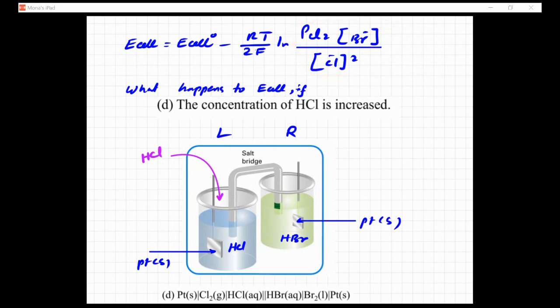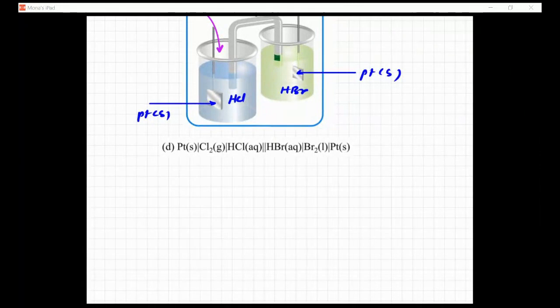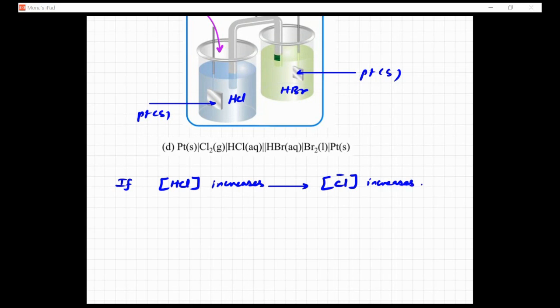I added Cl minus. So if the concentration of HCl increases, that means the concentration of Cl minus increases. Okay, fine.